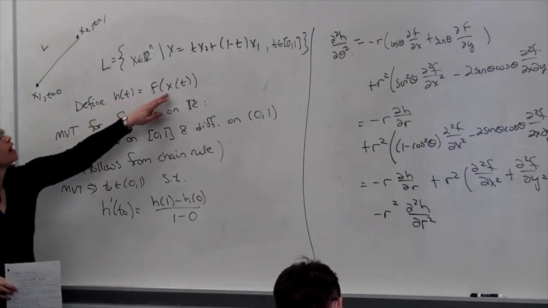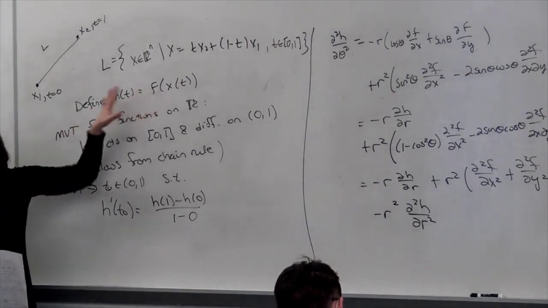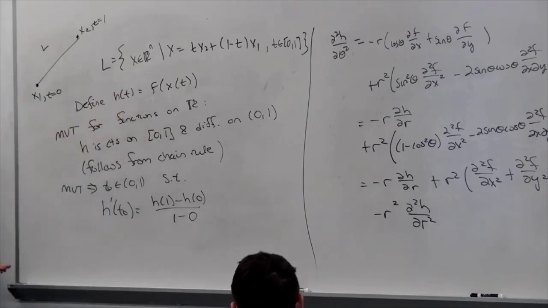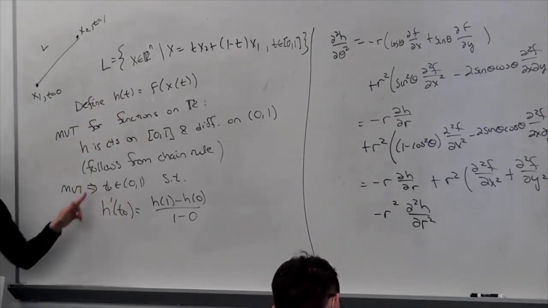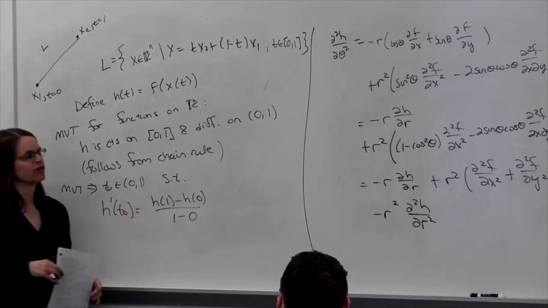Well, h of 1, x of 1 is x1, right? So we can get these values in terms of my f. And then what do I need to do? I need to use the chain rule to get this derivative also in terms of derivatives of f.